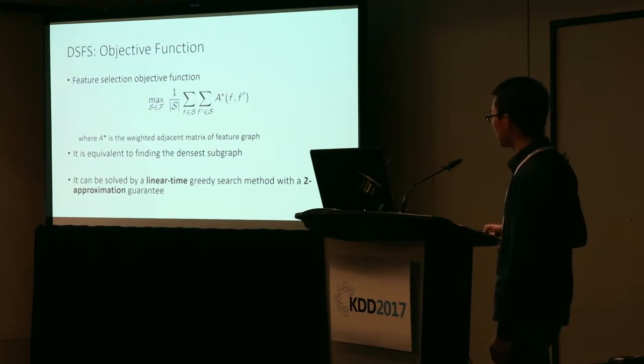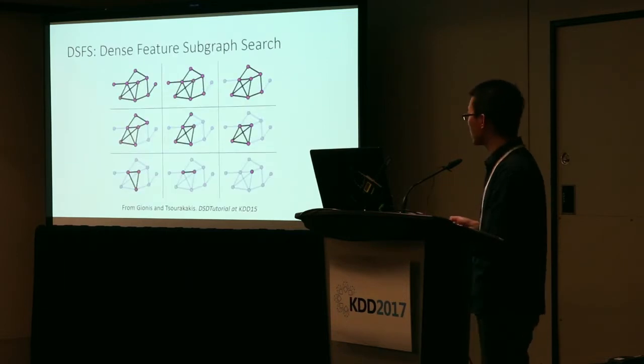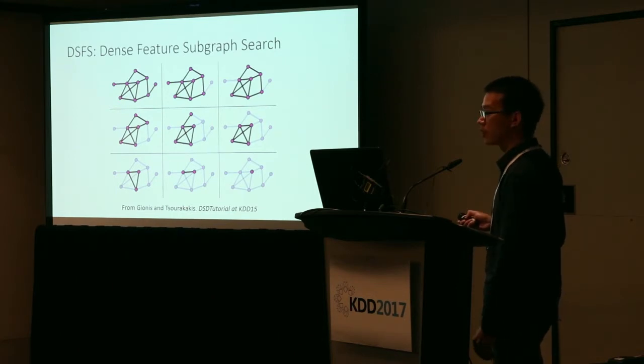The solution is a linear time greedy search, but it has a very good approximation guarantee. It is a two-approximation guarantee. The search method works this way. For a given graph, the first step is to find the node which has the smallest degree and remove it.